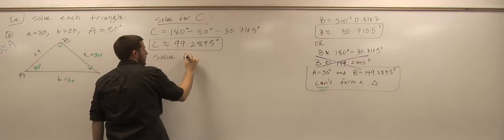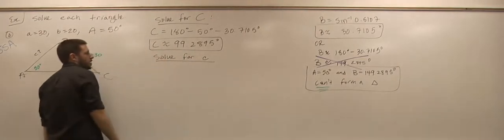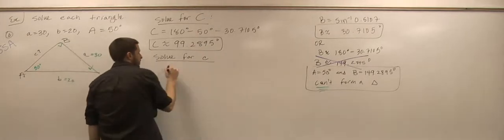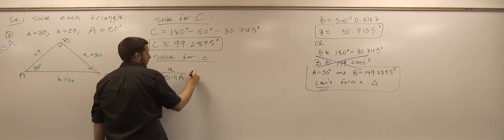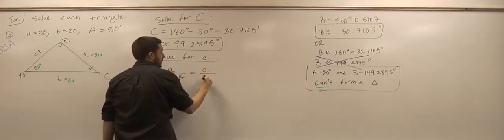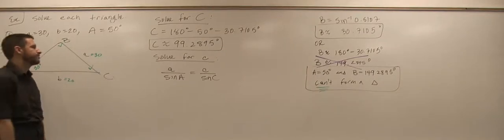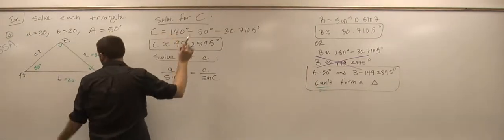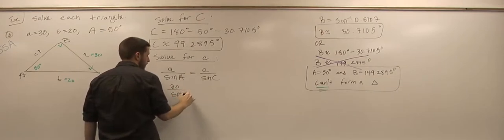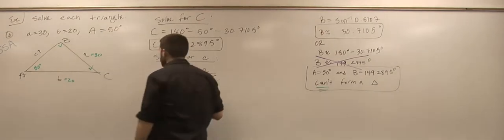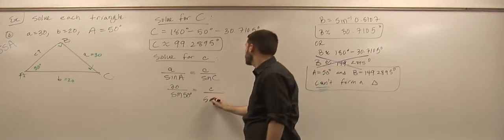So to solve for little c, I would set up little a over sine big A equals little c over sine big C. And I know these: 30 over sine 50 equals little c, which I don't know, over sine 99.